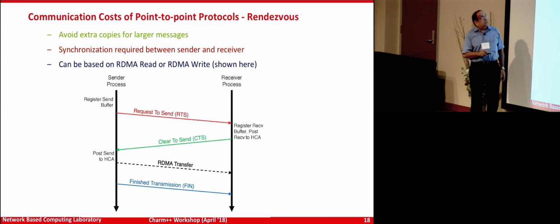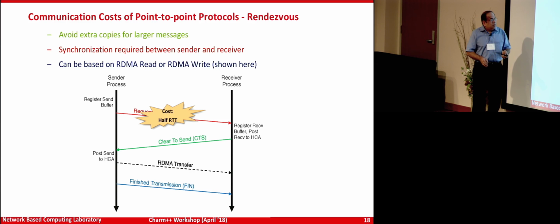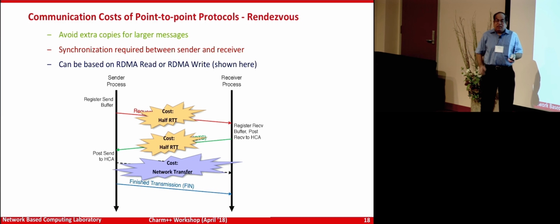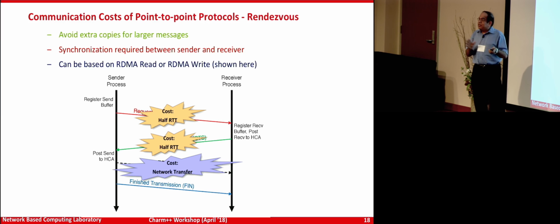And this is what it is trying to show for the other protocol, which is rendezvous. That is especially used for large messages. There what we need to do is request to send, then there is a clear to send, and then the data transfer takes place. So there is always a trade-off between eager and rendezvous.